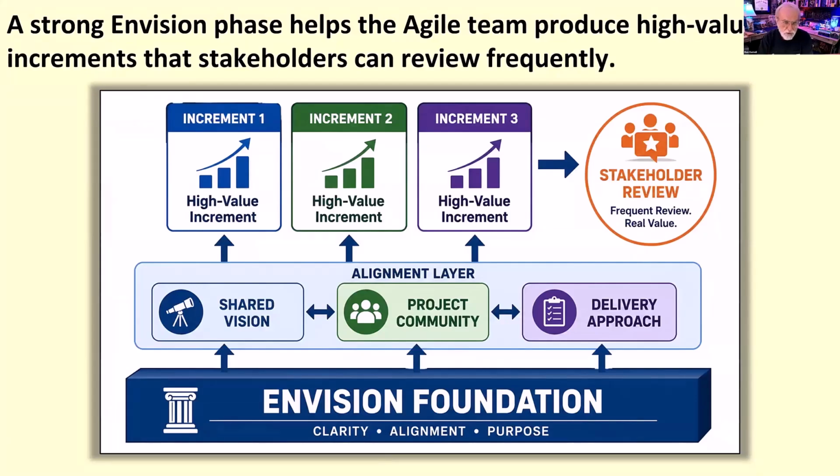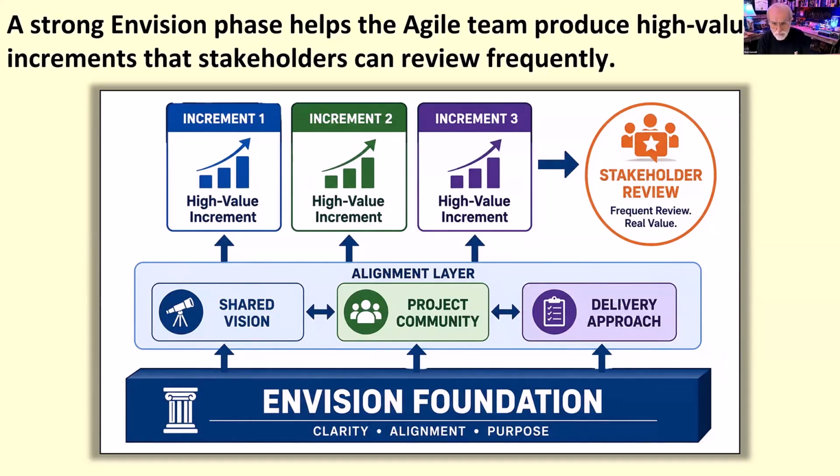The Envision phase creates a foundation for valuable increments. A strong Envision phase helps the Agile team produce high-value increments that stakeholders can review frequently. So with each increment, we're delivering product, and stakeholders can review and give us feedback. This is important because it prepares the team to deliver increments that stakeholders can actually evaluate. And if the team hasn't clarified the product vision, the scope, or the community, or the delivery approach, then later increments may be technically complete, but not necessarily valuable.